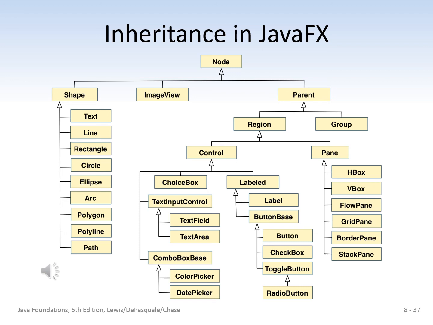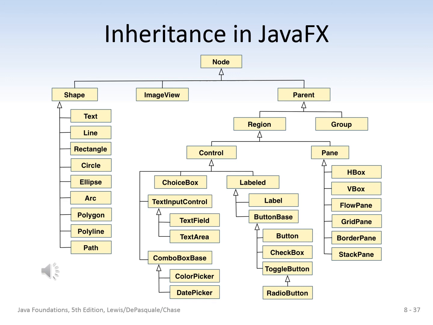So, and then image view is a unique class used for displaying images, and we did use that. I'm trying to remember the example we used that for. Oh, the light bulb example, which is one of the last demos I did for chapter 6. And then we have all the other controls.